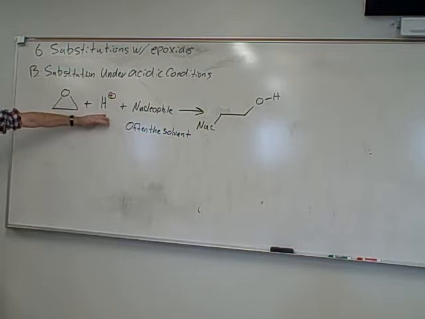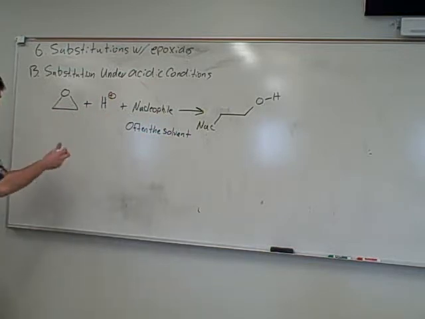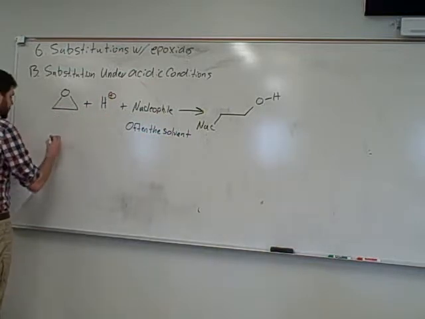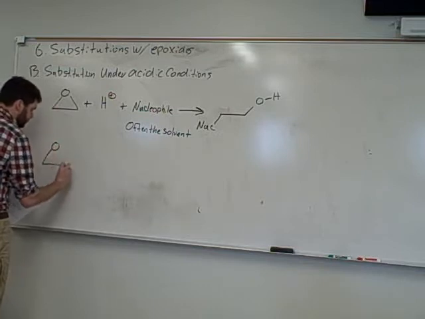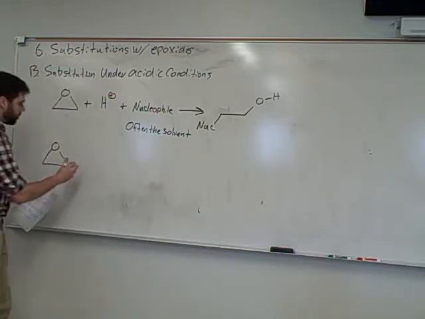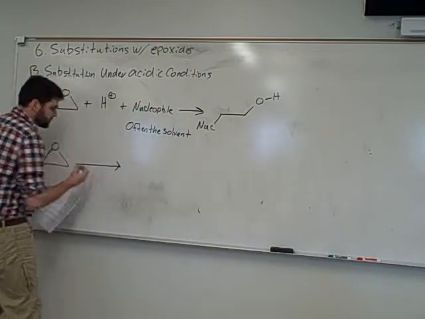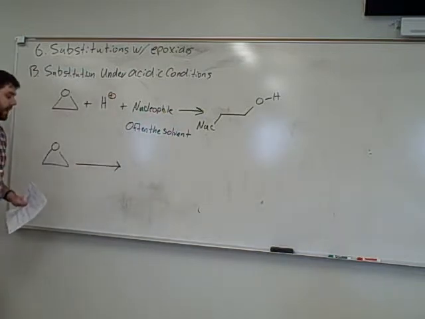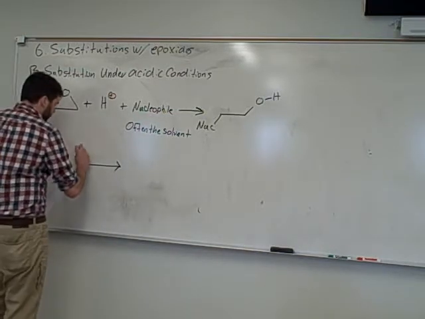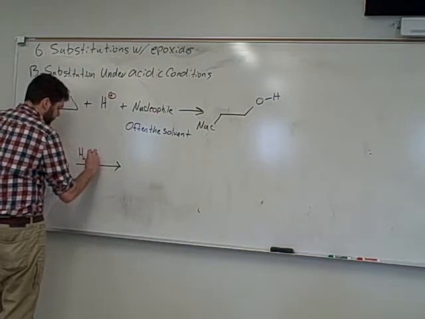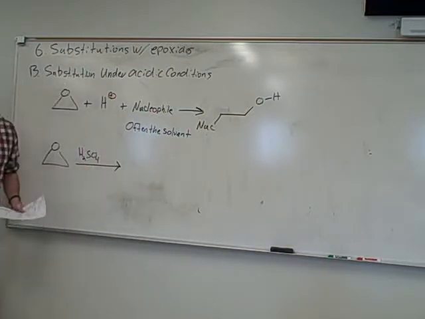An example of this type of reaction you can think of as adding some sort of methanol. In this case we are going to add some sort of acid, so we'll use sulfuric acid here, for no other reason than it's nice.